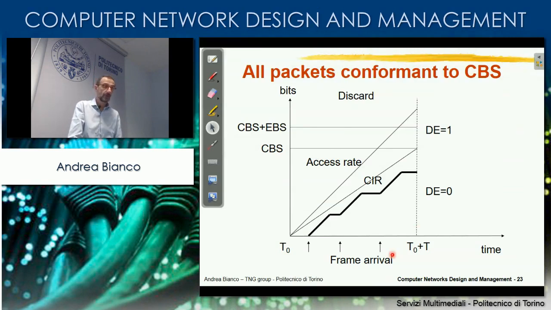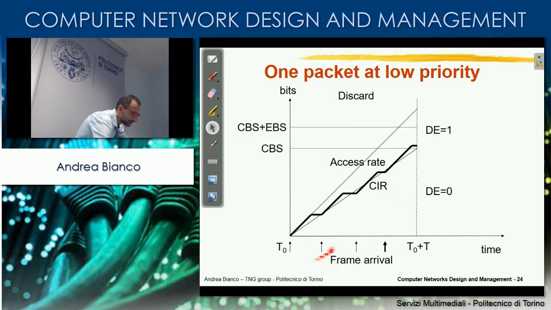They are conformant. Okay? In this example, we have more packets arriving, in particular 1, 2, 3, and 4. So the first packet arrives at time 0. We start it immediately. So you see that at this point, we are a little bit above CIR. But this is fine, because we are going to measure CIR over T. So we know that we can have shorter periods of time in which we are sending a little bit more than CIR.